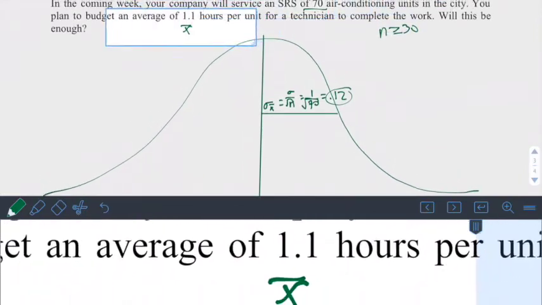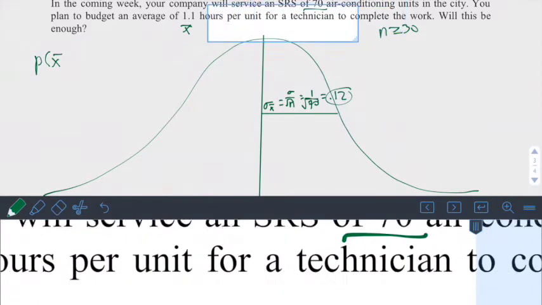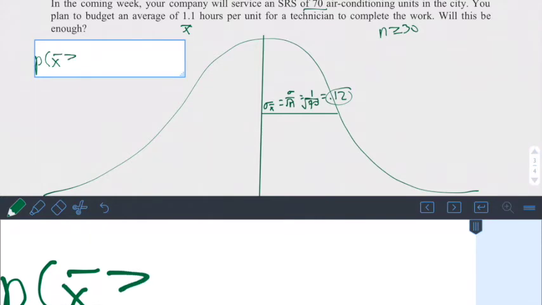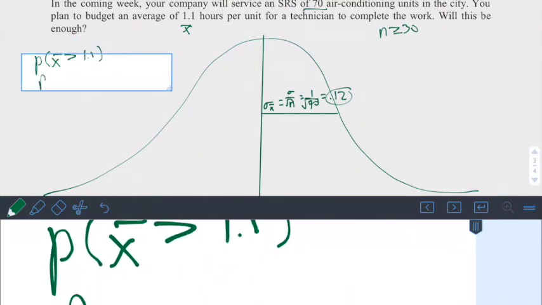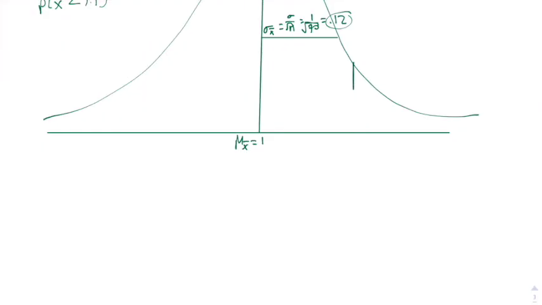And we want to know, either way, we could say the probability that our average amount of time with the sample of all 70 will be greater than 1.1 hours, or we could say less than. Both will give us what we want. They'll give us an idea of what's actually going on. Since I've done greater than, let's do less than.